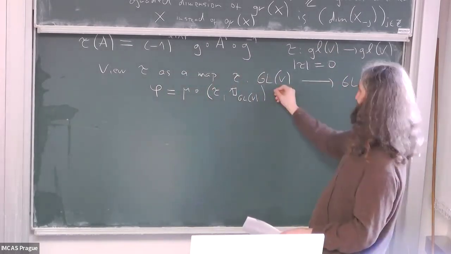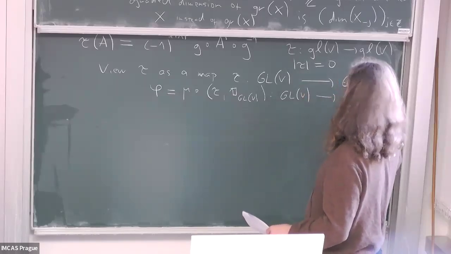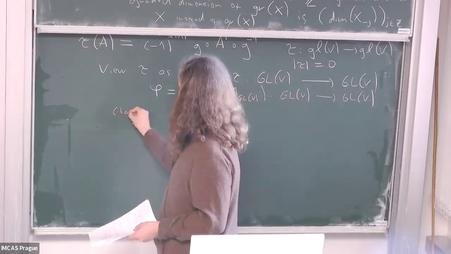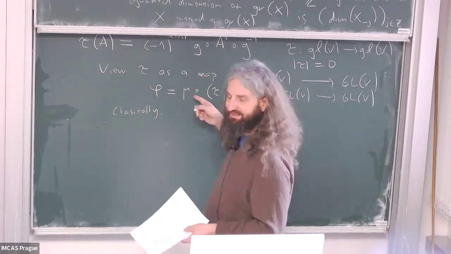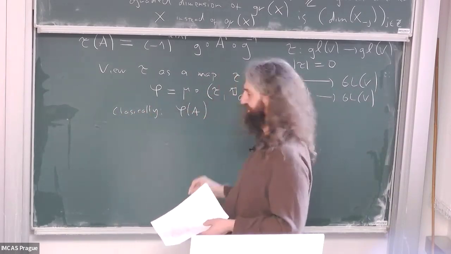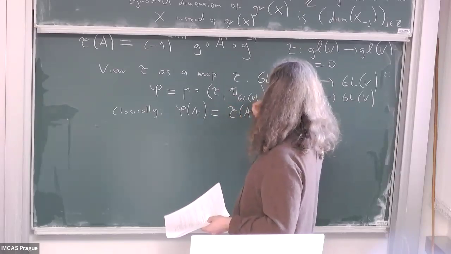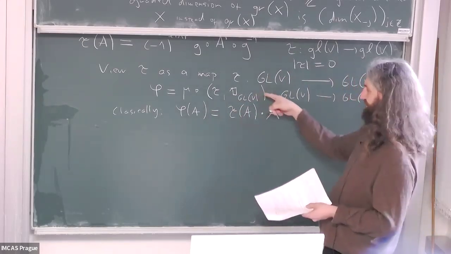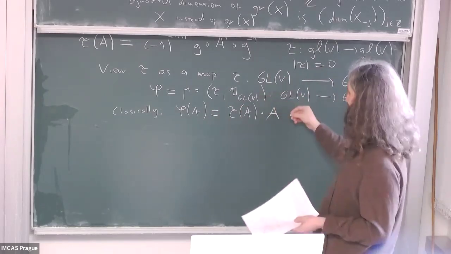I take this composition, which is a map from GLV to GLV. And what this map would do classically, if this were an ordinary manifold, is take an invertible map A and take tau of A and multiply it by A. This is what this map would do if these were ordinary manifolds.